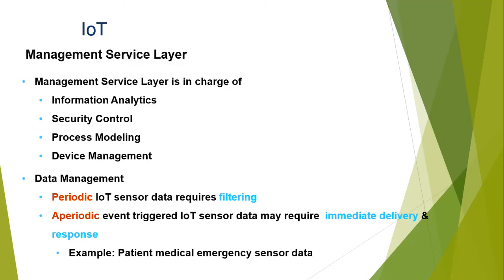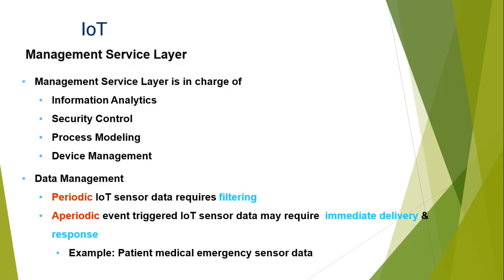The information that has something important included inside is going to be processed and transmitted or received by the node. Then come aperiodic events, which trigger IoT sensor data, and this may require immediate delivery and immediate response.